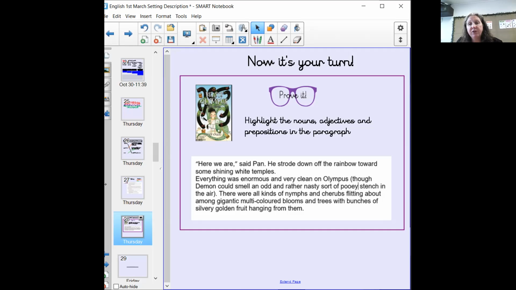I am going to put this on Dojo, and then you go through and highlight the nouns, adjectives, and prepositions, just as I did in our Iron Man. When you have done that, send those to us on Dojo.